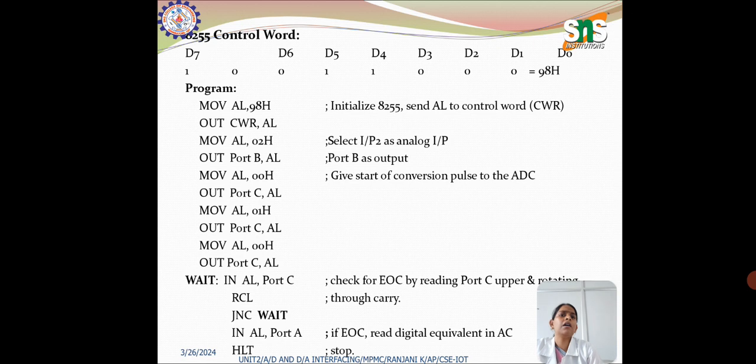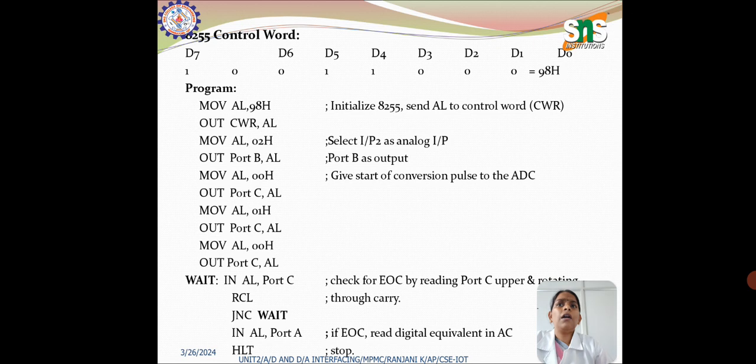So this is the overall interface of the ADC. After the conversion process is over, the ADC sends an end of conversion signal to inform the microprocessor that conversion is over. These tasks of issuing an SOC pulse to the ADC, reading the EOC signal from the ADC, and reading the digital output of the ADC are carried out by the CPU using 8255 input output ports.